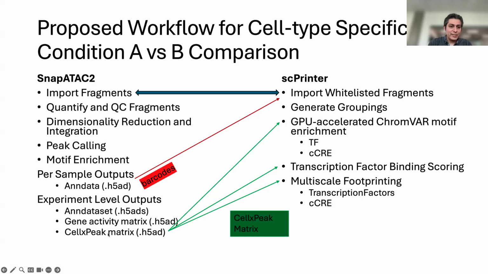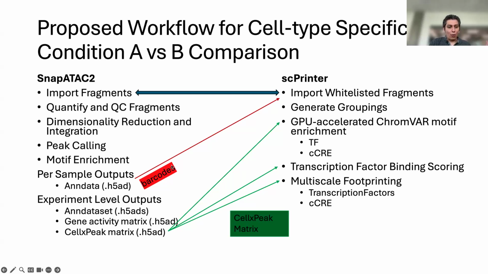The other output that you'll get from this is a gene activity matrix that's also going to be in your H5AD file, as well as a cell by peak matrix, also in that H5AD file format. Once we've completed our SnapATAC pipeline, we can take the barcodes that came from the per sample outputs and essentially say, this is going to be our whitelist of all of the fragments that we generated with our initial sequencing assay.